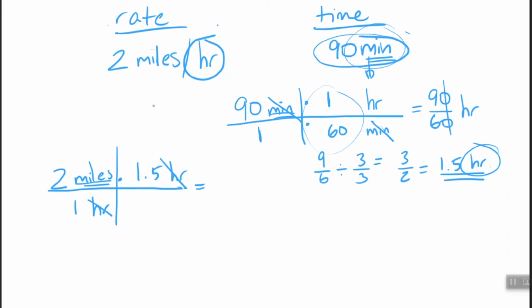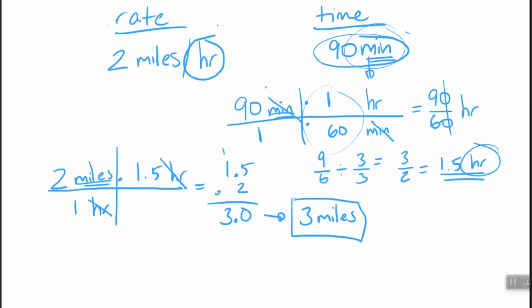And then here we can see the hours canceling, which is great because now we're getting the distance that we needed. And that's 2 times 1.5, 5 times 2. 2 times 5 is 10, carry the 1 over there, 0, 3, 30. And we have the decimal, so put that decimal point there, which is 3. So our answer is 3 miles.